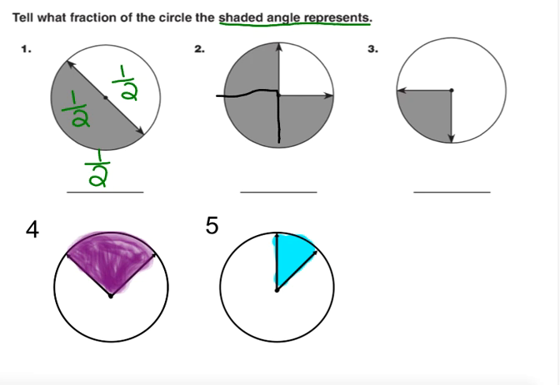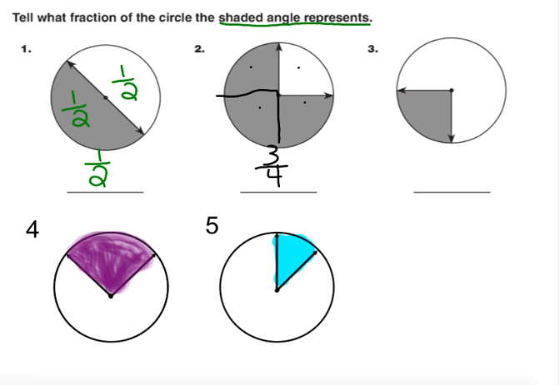So I really have 4 parts on this circle. So 1, 2, 3, 4, but 3 out of the 4 is shaded. So this is 3/4 shaded. Sometimes it's hard to visualize because they're only giving the one angle or the one shaded part. You don't get to see all the other parts, so you might have to create them.